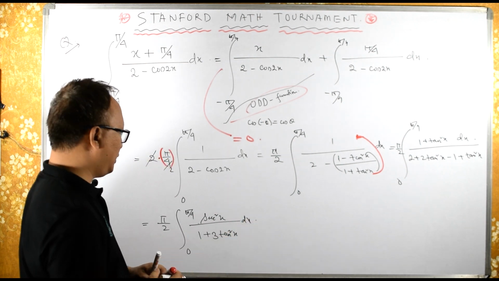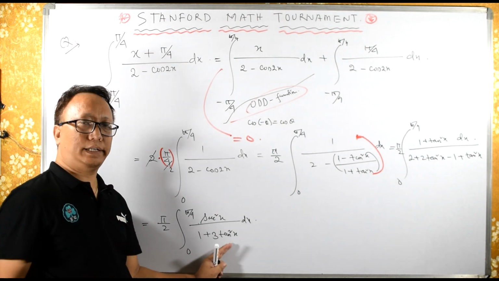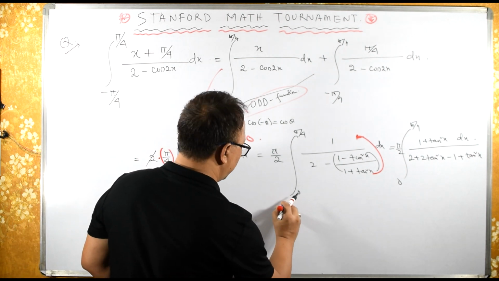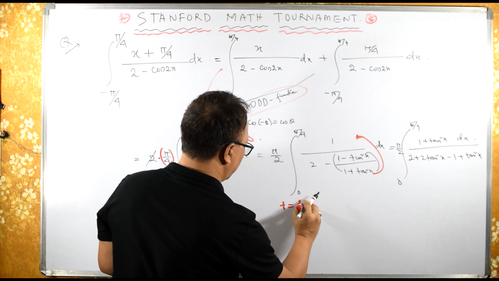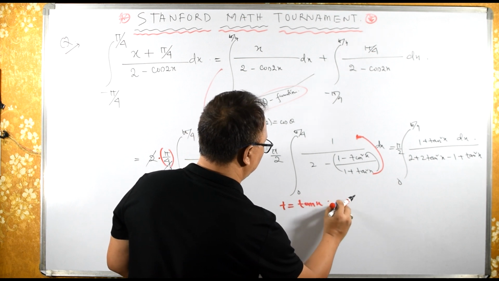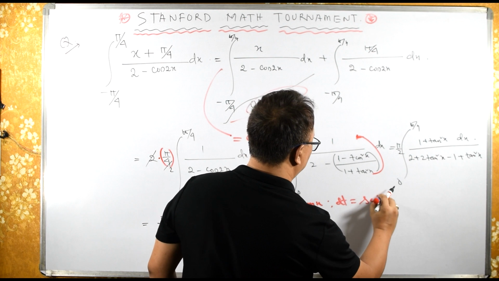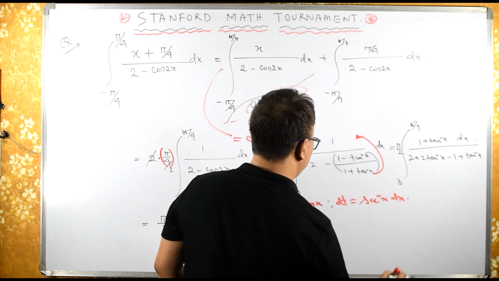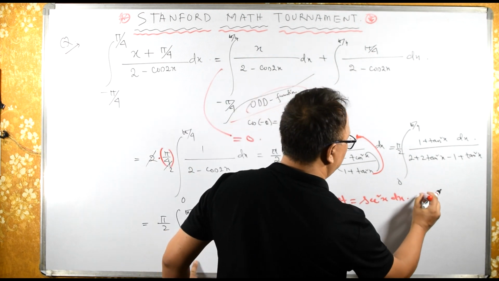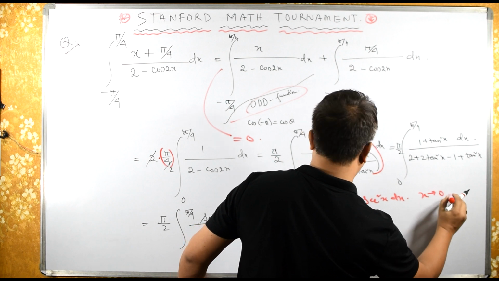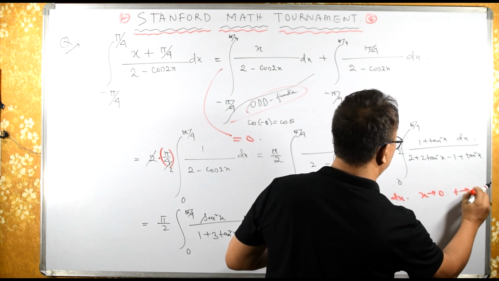Now here let's substitute t equals tan x. Therefore dt equals sec square x dx. What about limits? When x tends to 0, t is 0.